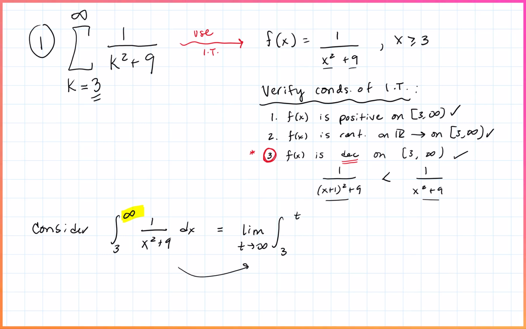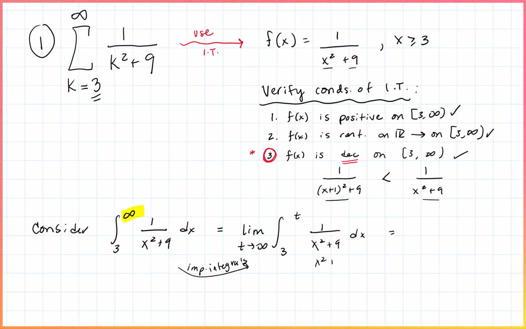A little refresher on improper integrals here. And the integral of 1 over x squared plus 9 dx. All of our integration skills that we learned in the last unit are going to come in handy here because this is an inverse tangent, or arctangent, form.